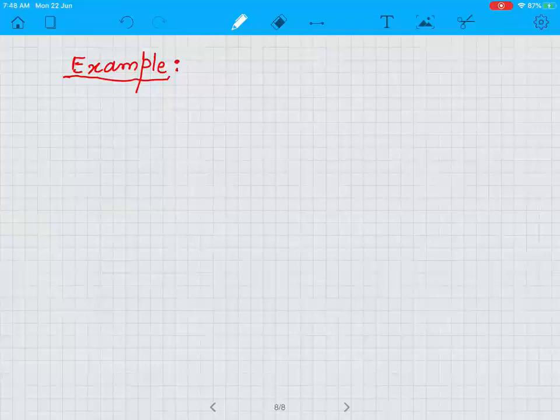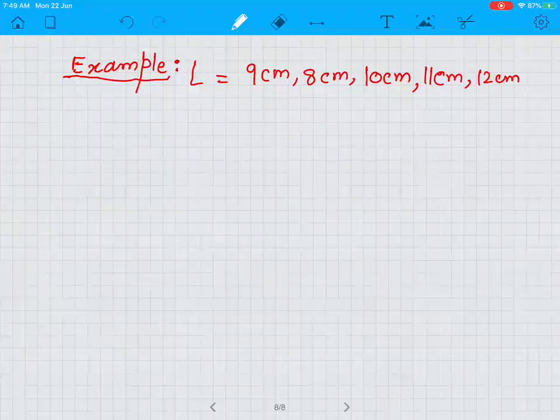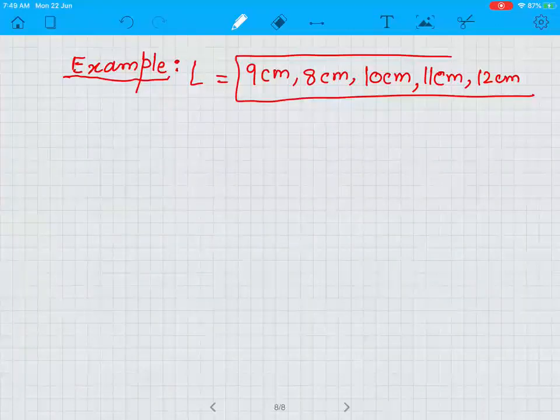Let's suppose you calculate the length of a duster and you get the readings 9 centimeter, 8 centimeter, then you get 10 centimeter, then 11 centimeter, and then 12 centimeter. Now, these are the data points for the length of a duster.